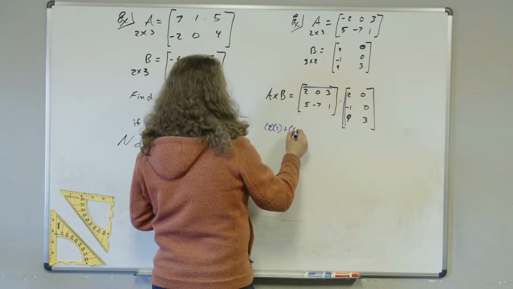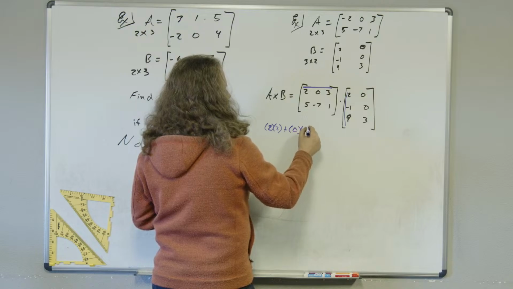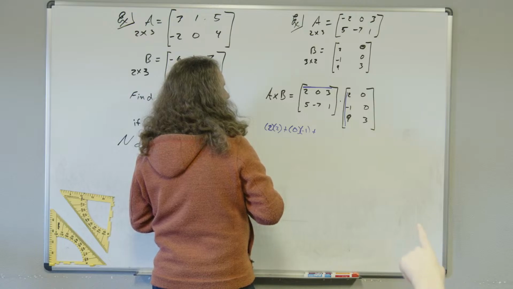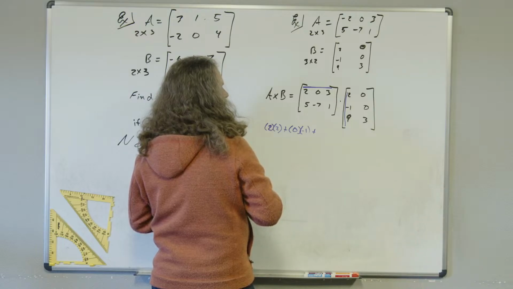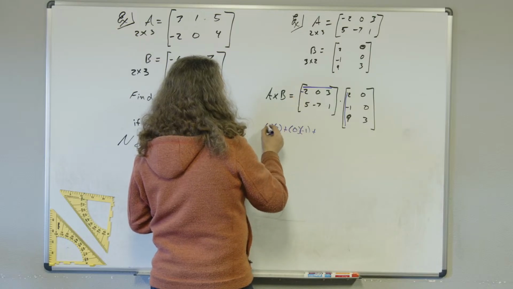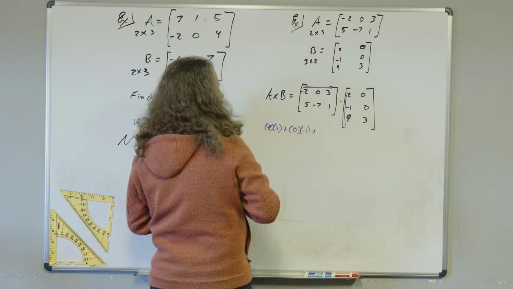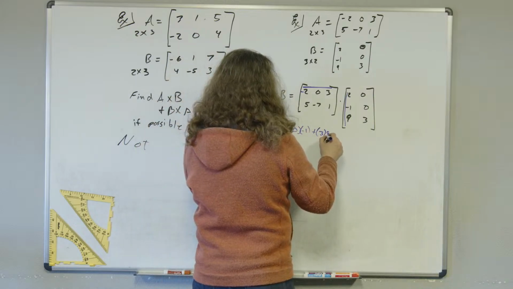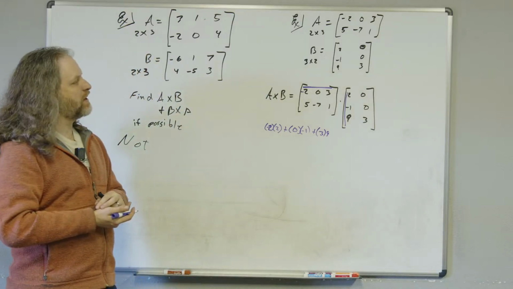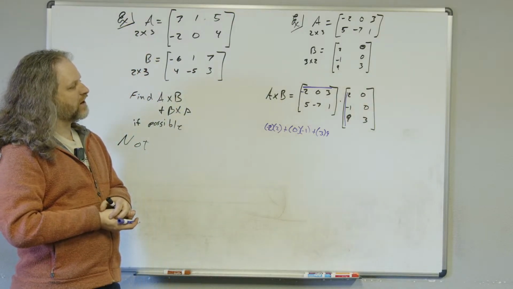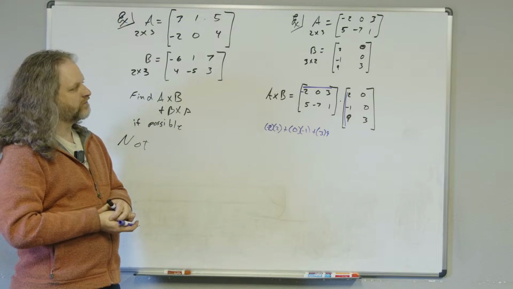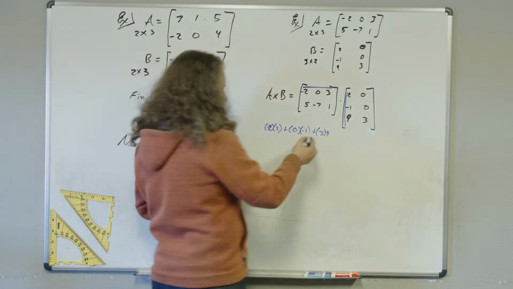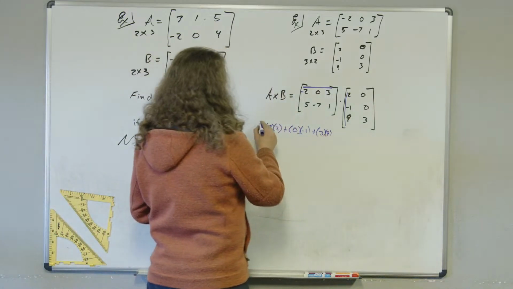I won't always write down all these little intermediate bits. What is our answer going to be? How big is our answer going to be? 2 by 2. This is going to be a 2 by 2 matrix. So all of this is the first element in this matrix.